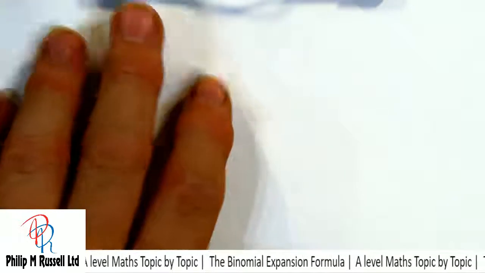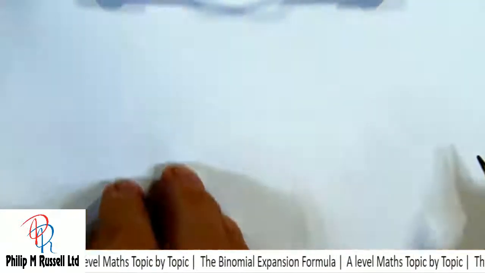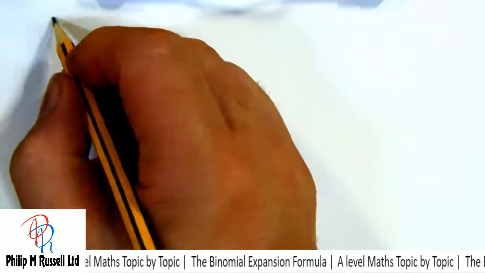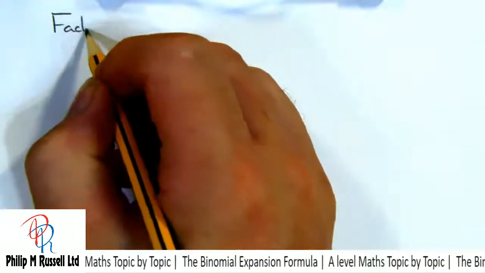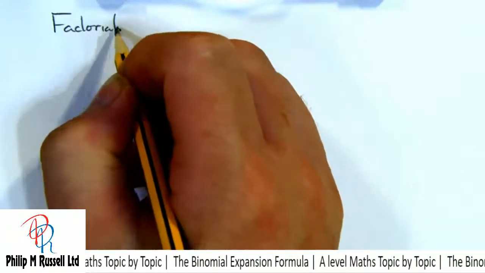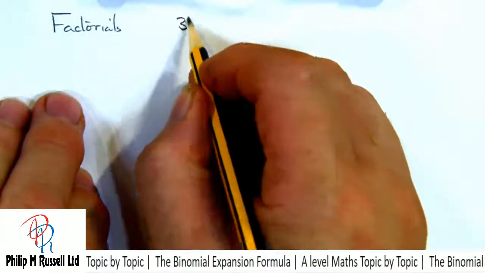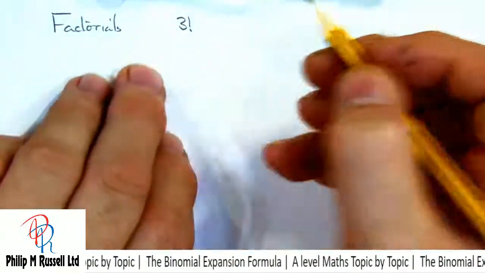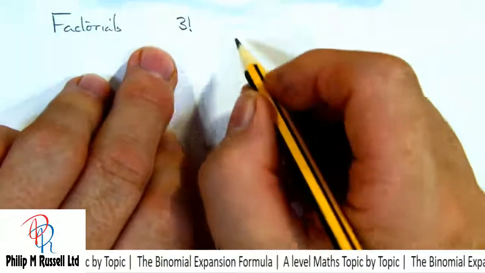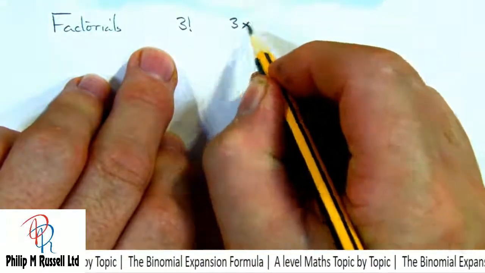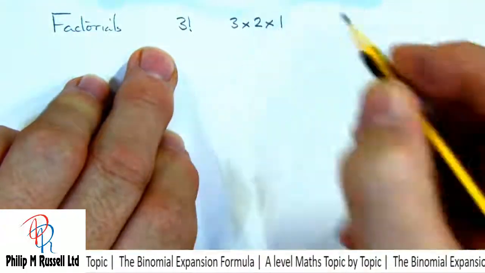Now there are various ways of thinking about the binomial expansion, and we've looked at some very simple ones here, but we can think of it as factorials. A factorial, if I write something like 3 exclamation mark, 3 factorial, that's the same as saying 3 times 2 times 1.